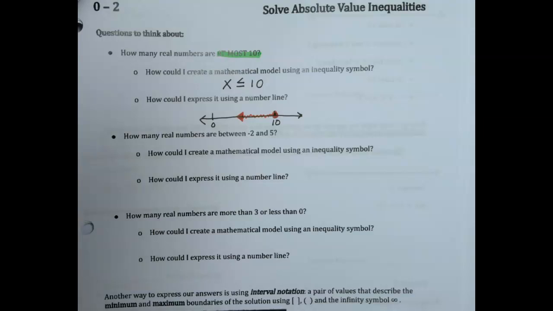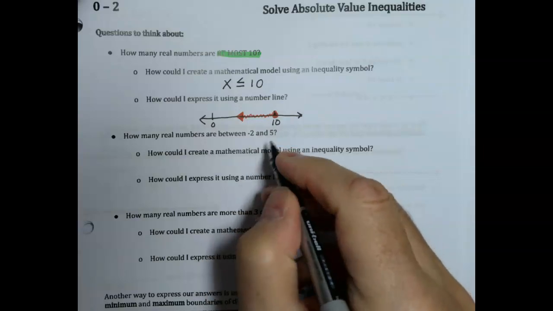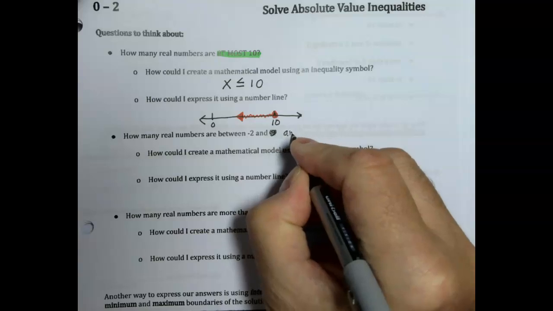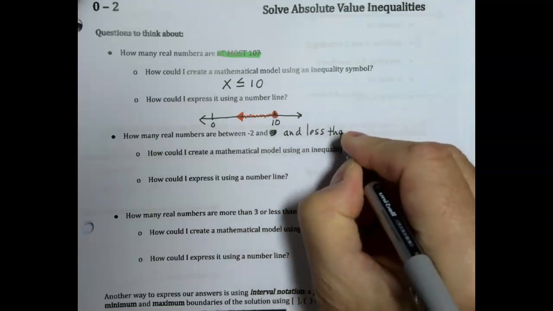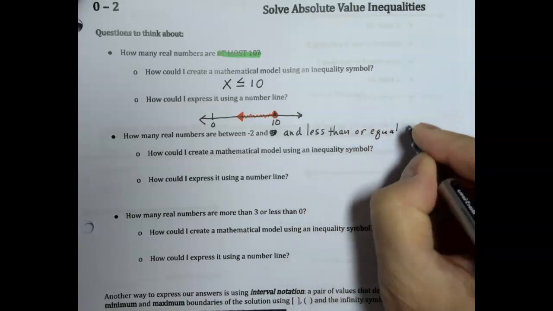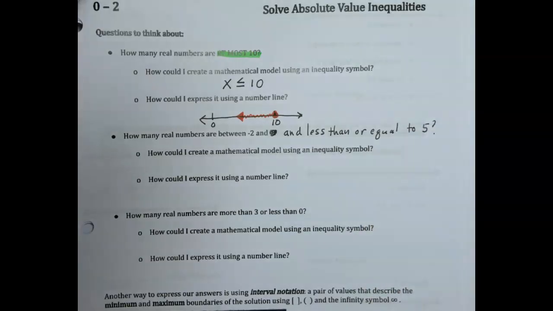So I want you to change this on the note to -2 less than x and less than or equal to 5, okay?